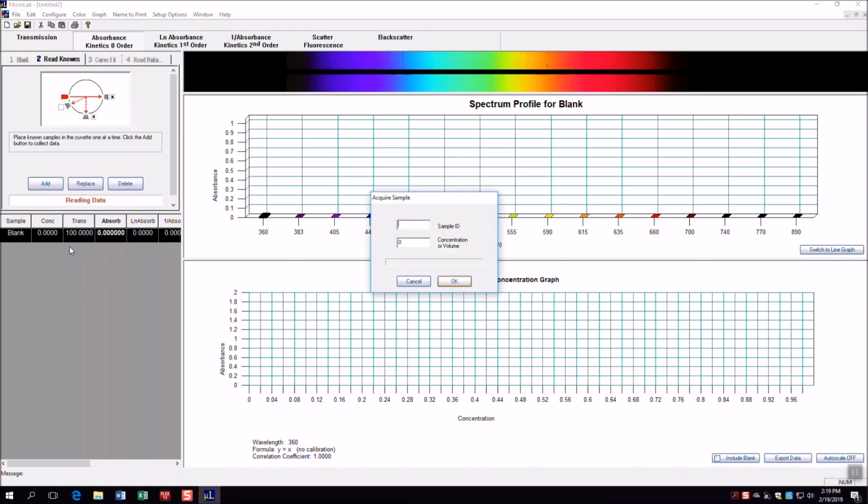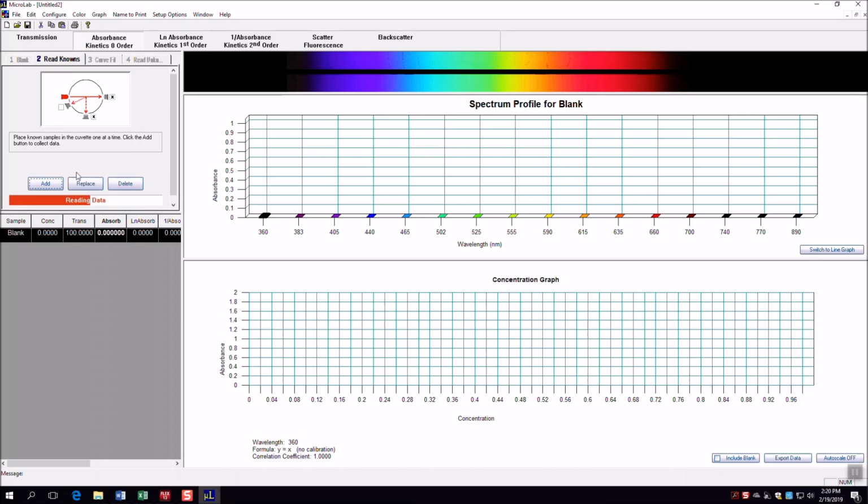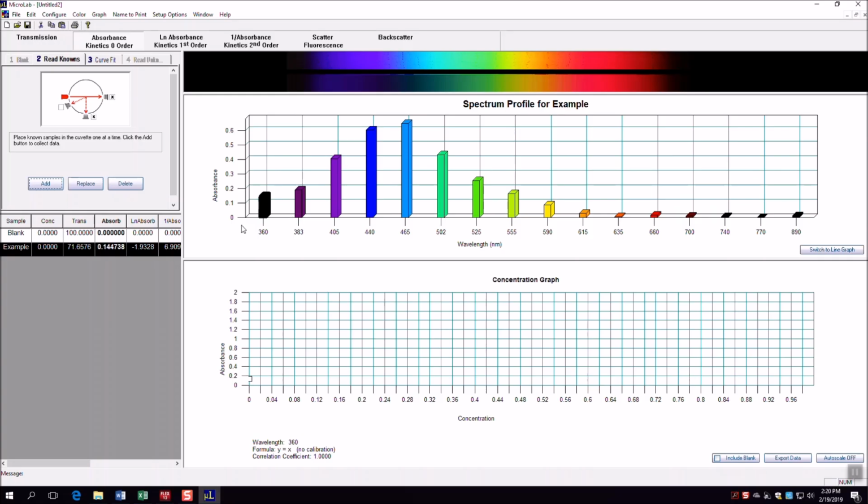So I'm going to click add, and I'm going to name this example because it's just me showing you an example, and you can choose to enter a concentration or volume, but you don't need to. I would recommend using your sample ID in order to keep track of which sample is which. So when I click that, it'll say reading data, the bar will fill up, and I'll get my spectrum. So now I have my spectrum for my solution, and I can use this to get the data I need in order to perform the rest of the experiment.